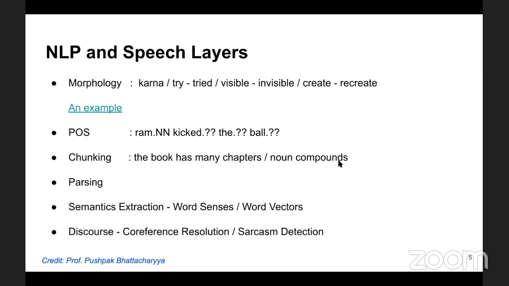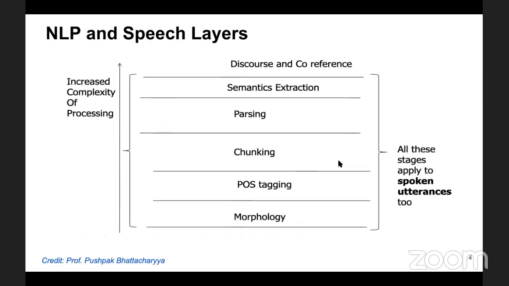As an example, Ram kicked the ball. Ram is present, then kicked is present. But morphological analysis will tell us the root form of that also, because as shown in the WordNet example, every word can have many variations. So we want to get to a common point.